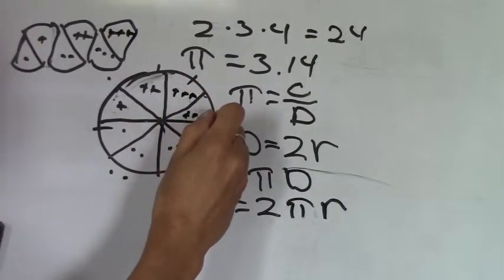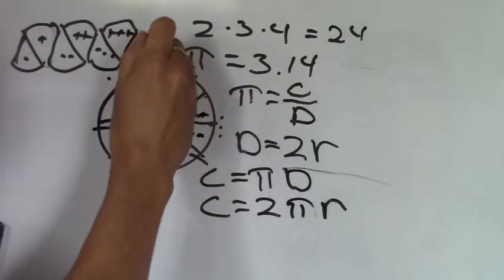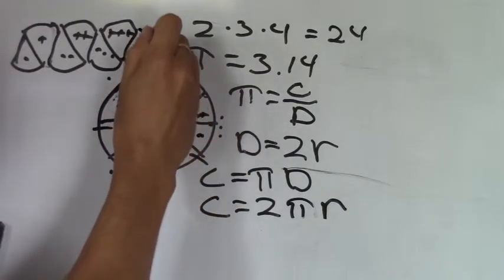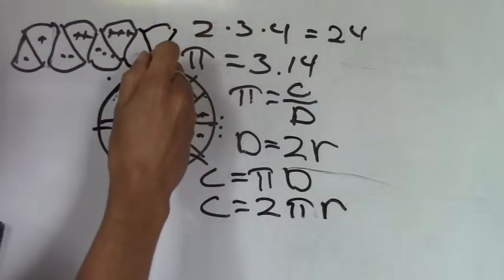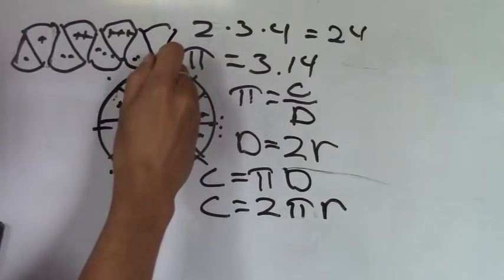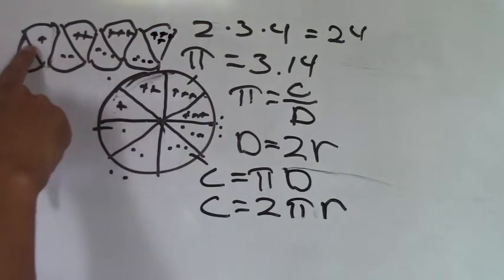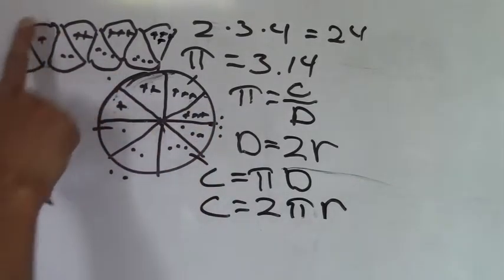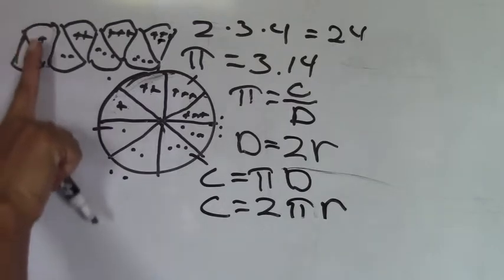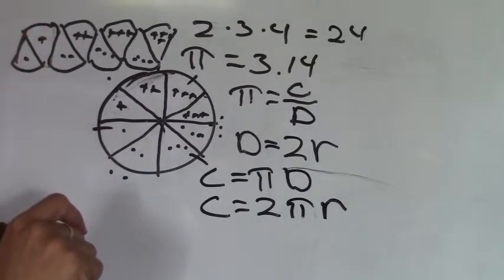Yeah. Okay, so there's that one, and there's that one. Now use your imagination. And you can see that the more pieces I use, the smaller these bumps are going to get, and the straighter this line is going to get. Does that make sense?